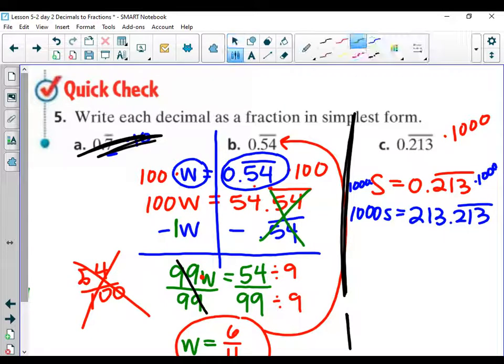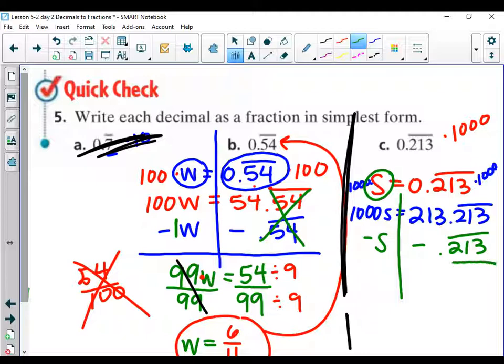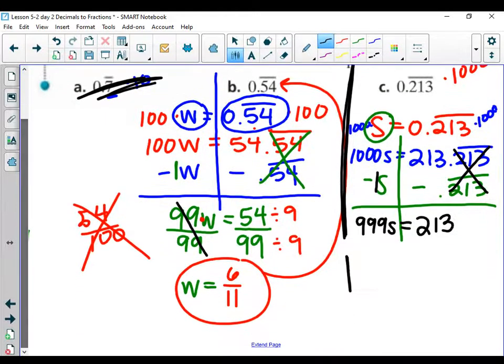Subtract what you have to start with. To start with, I had an S and I had a repeating number. Oh, not 100. 1,000 S minus 1 S, 999 S. Subtract the repeating part. Divide on both sides.